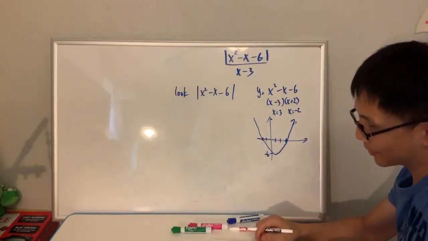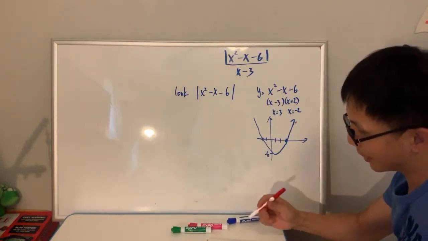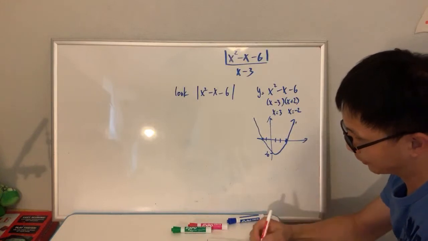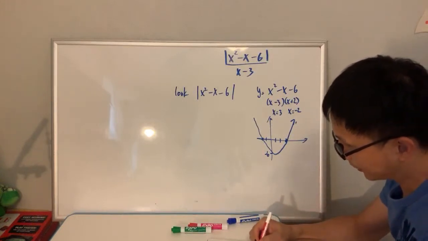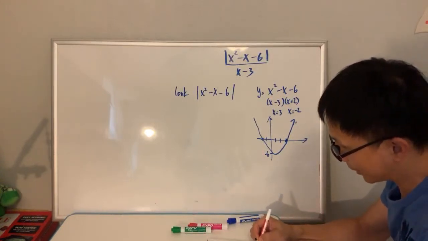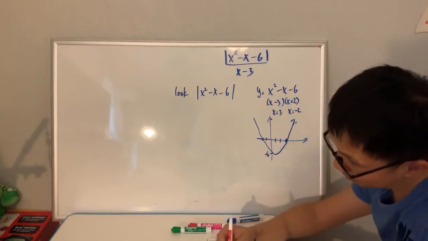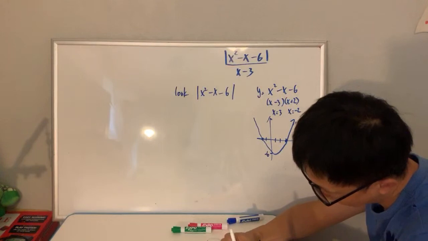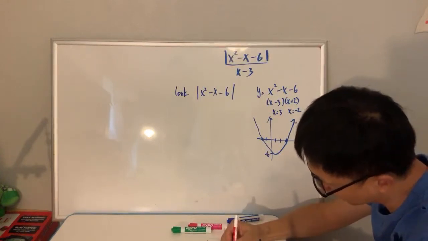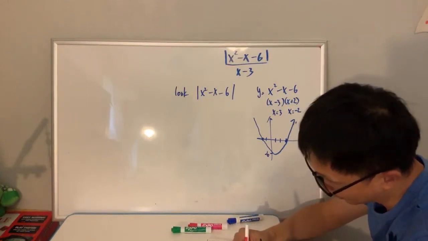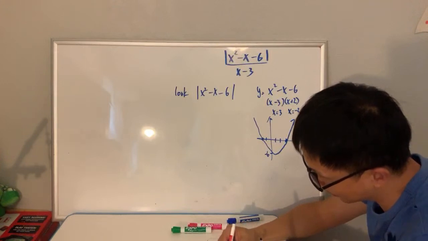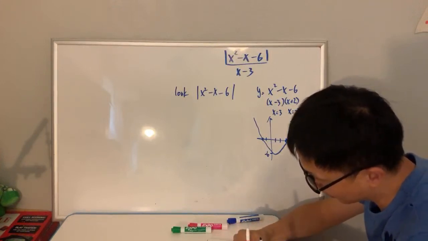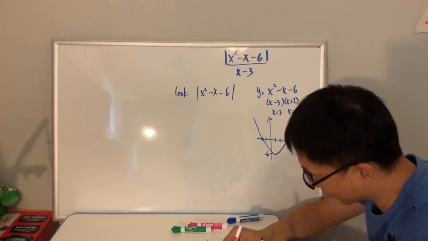So if I say y equals x squared minus x minus 6, basically this part is going to be the same, which is the red part, and the -6 is going to come up here.